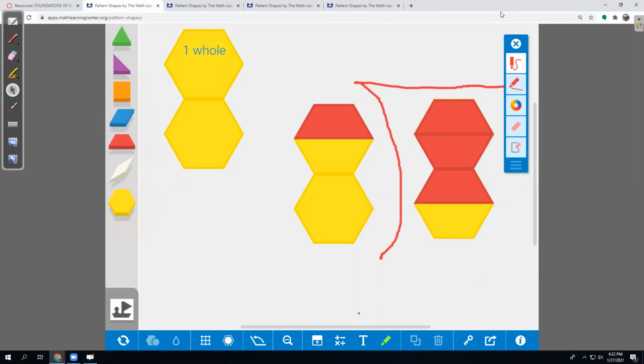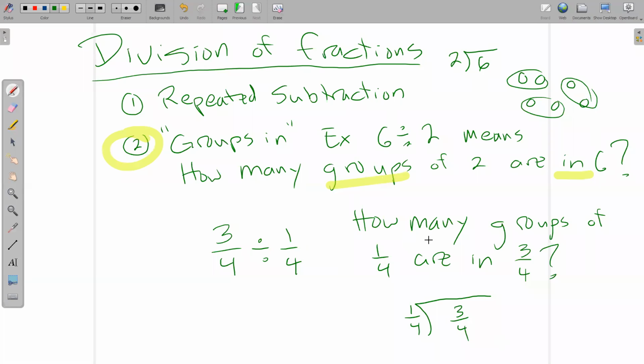And then I'm just going to look at this and say, okay, how many groups of this are in that? Well, I think there's 3, right? There's 3 of these. I need a different color. Green. There's 3 of these right here, right? 1, 2, 3. Now, it doesn't always work out that nice, but this time it does. Super easy. Don't really have to do much more. So the answer is just 3. Done. 3/4 divided by 1/4 is simply 3.